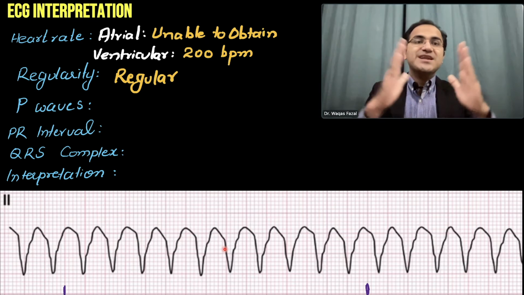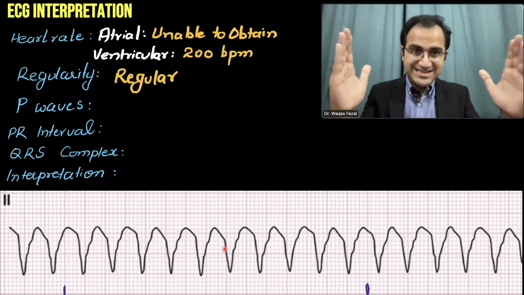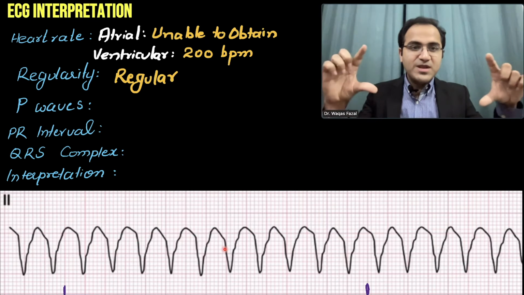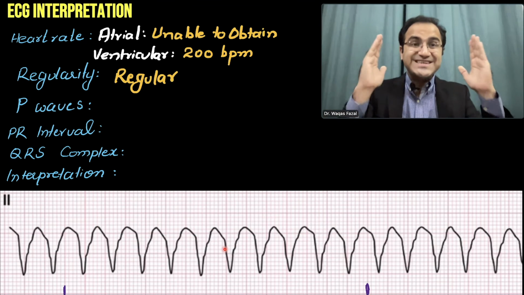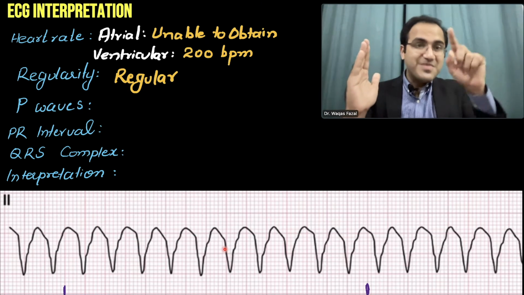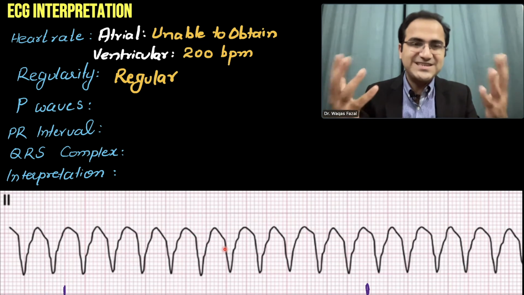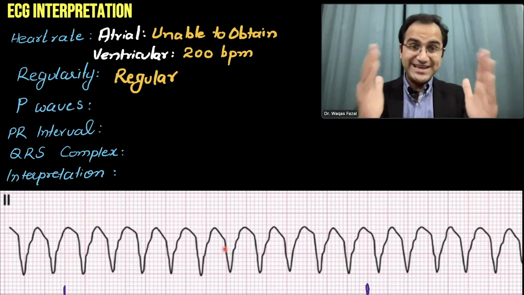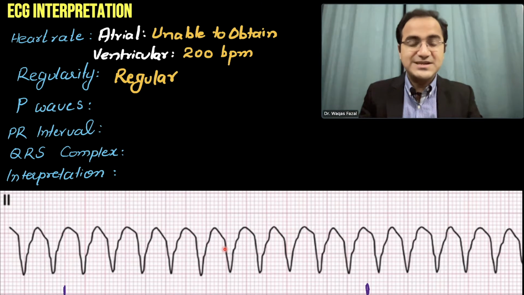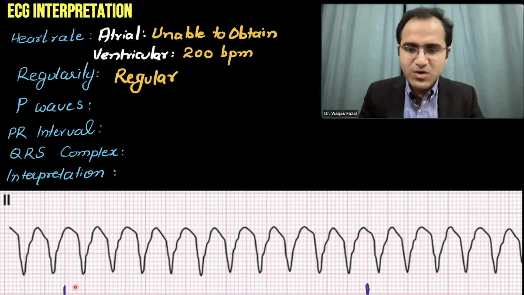That gives the number of QRS complexes in 30 large boxes. The number of QRS complexes in 30 large boxes multiplied by 10 is equal to the heart rate. That is the 6-second method. If you want to go into details, check out my video on rhythm determination. Now 1, 2, 3, 4, 5, 6, 7, 8, 9, 10, 11, 12, 13, 14, 15.